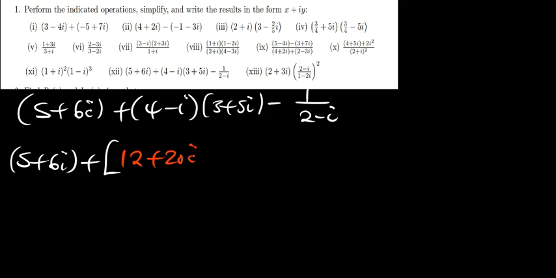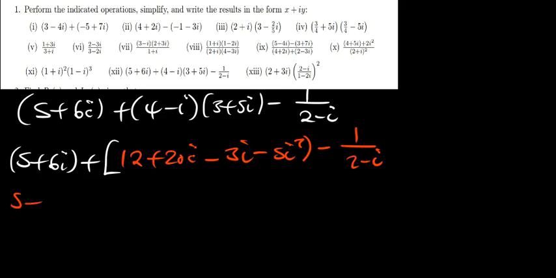So I'll say 5 plus 6i, this one I'll put in the big brackets, and then I'll say 4 times 3 is 12, 4 times 5i is 20i, then negative i times 3 is negative 3i, negative i times 5i is negative 5i squared. This one remains the same.